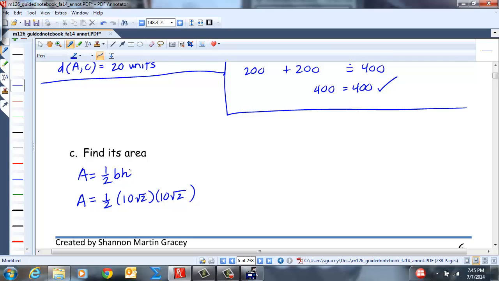So we will get half times 100 times 2, because root 2 times root 2 is 2. The 2's divide out to be 1. So at the end of the day, we get an area of 100 square units.